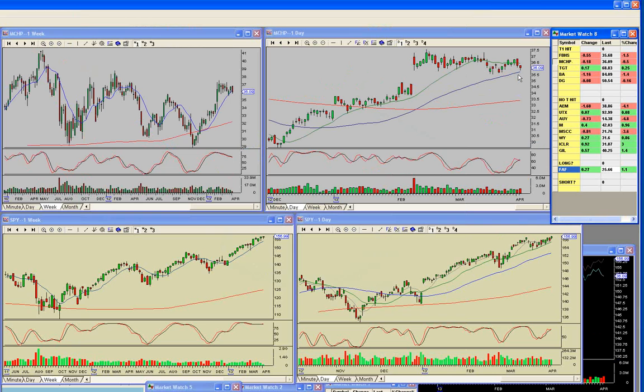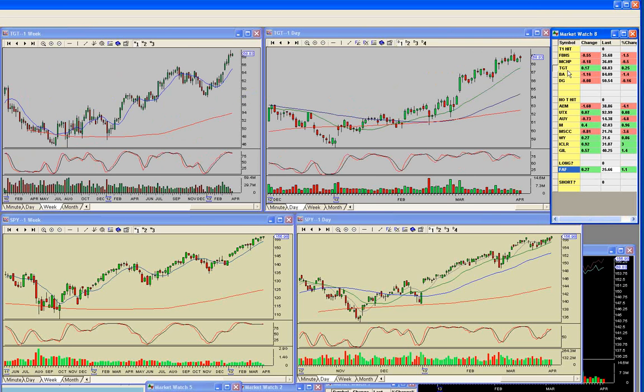So hopefully we get some action soon. But ever since we gapped up and hit our target there, you just kind of wait it out. It's easy to do when you're waiting it out with a profit and you've already taken most of the profits off the table. So looking good there.